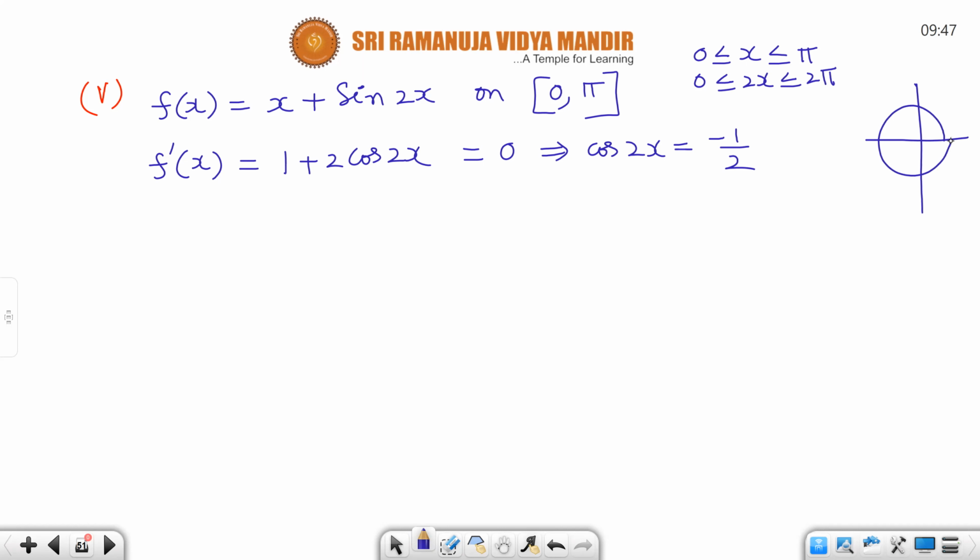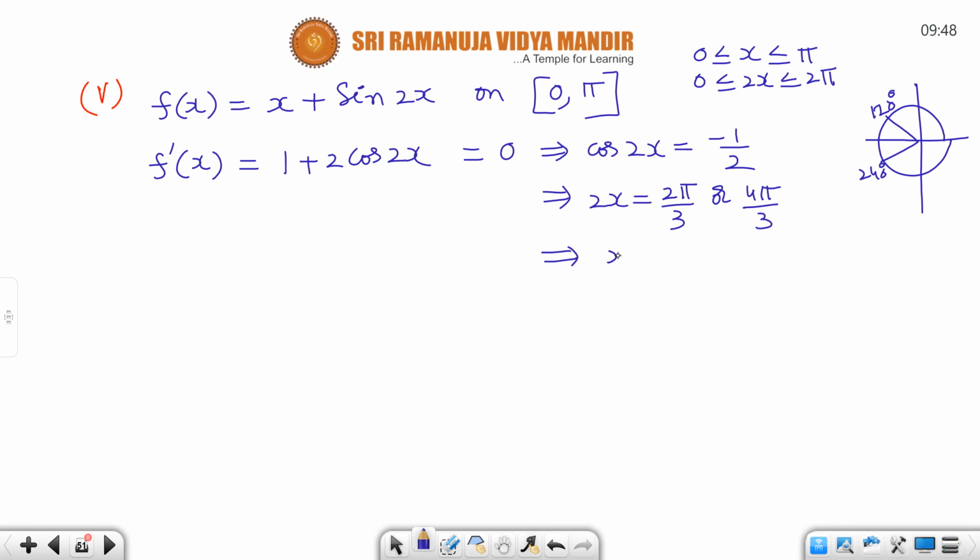So for what values of 2x is cos 2x equal to minus 1 by 2? 120 degrees and 240 degrees, in the second and third quadrants. Of course, in the first and fourth quadrants cos x is positive. So 2x must be either 2 pi by 3, that is 120 degrees, or 4 pi by 3, 240 degrees.